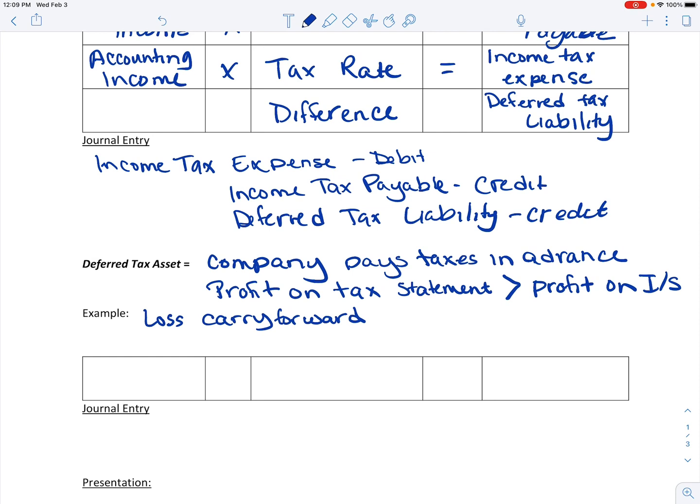So how do we account for that deferred tax asset? We're going to take the deductible temporary difference, and these are all for temporary differences. We're going to multiply that by our tax rate, and that's going to equal our deferred tax asset.